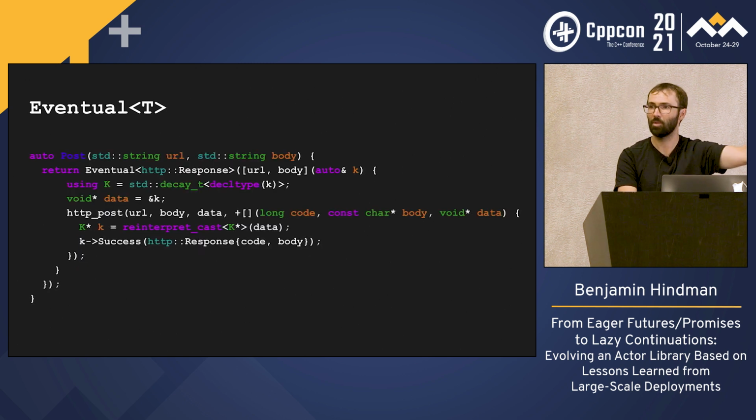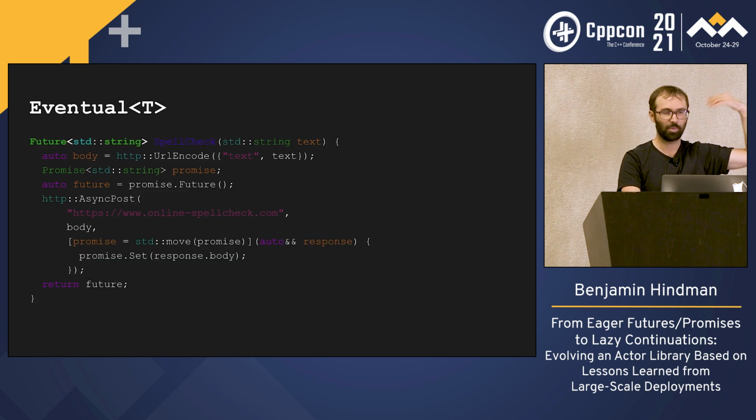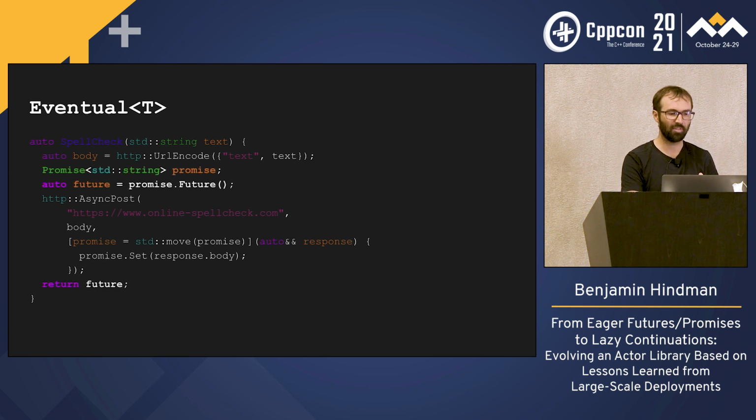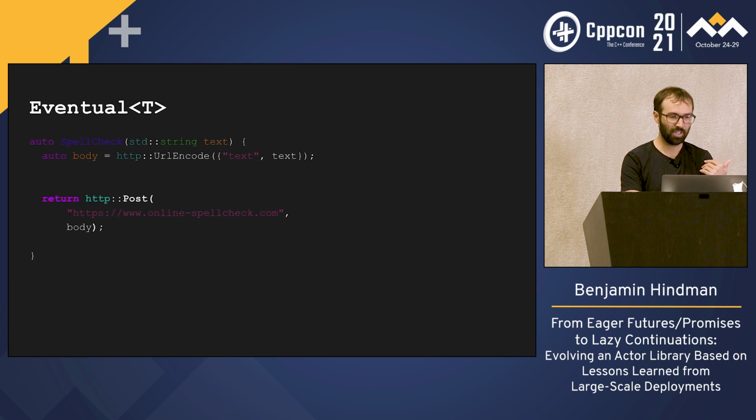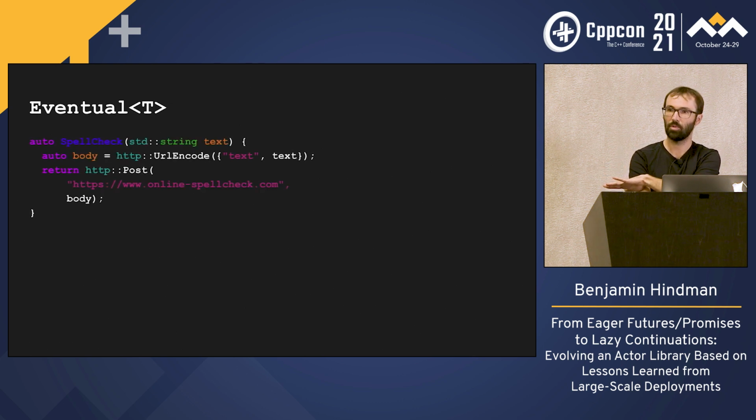So if we go higher, which was the SpellCheck function calling the post function, and we replace the future version with the eventuals version, instead of a future of string, we're going to be returning an auto, because it's going to be this continuation type. Instead of promises and futures, in this case, we just get to call HTTP post, because HTTP post is actually doing all the continuation magic under the covers. So our SpellCheck function becomes really simple, where all the magic is under the covers.